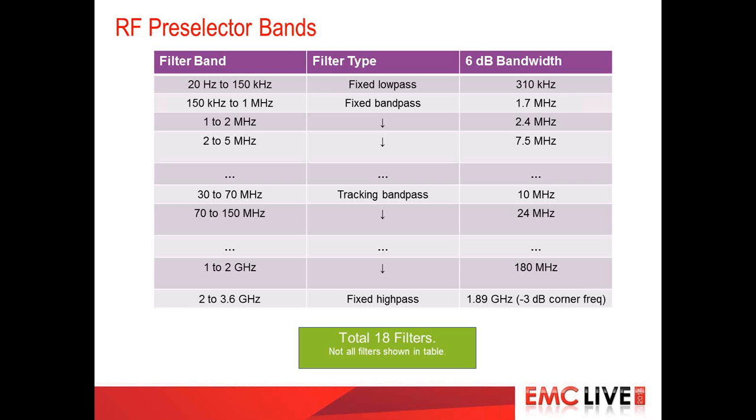We could use the input attenuation, but what we'll find out later is that as we increase the attenuation, our instrument actually becomes less sensitive. And sensitivity is one of the key specs for EMI measurements. So by using this bank of filters, we're still reducing the amount of energy going to the mixer, but still having great sensitivity.